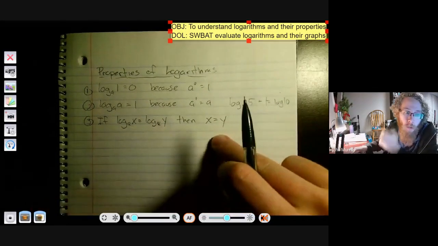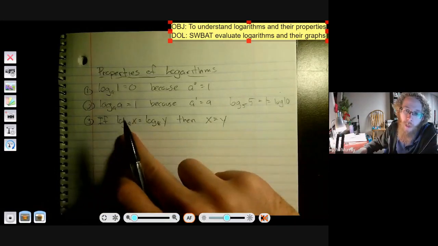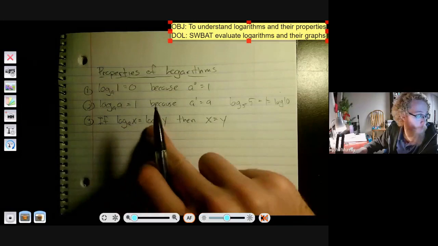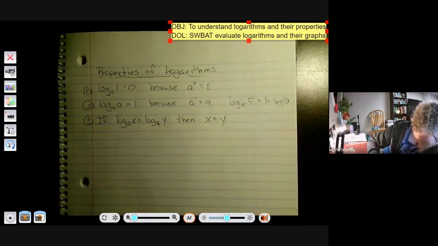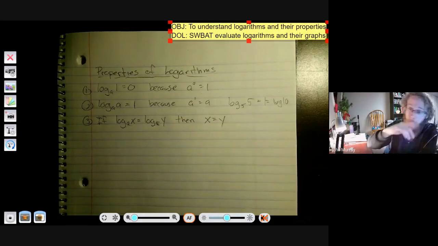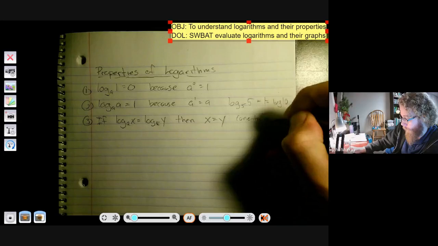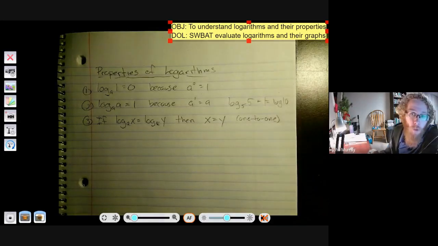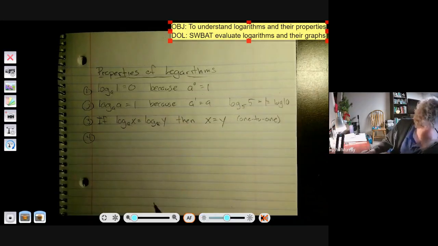We'll look at this a little more tomorrow. If log base a of x equals log base a of y, then x has to equal y. Again, that's using our one-to-one property like exponentials.